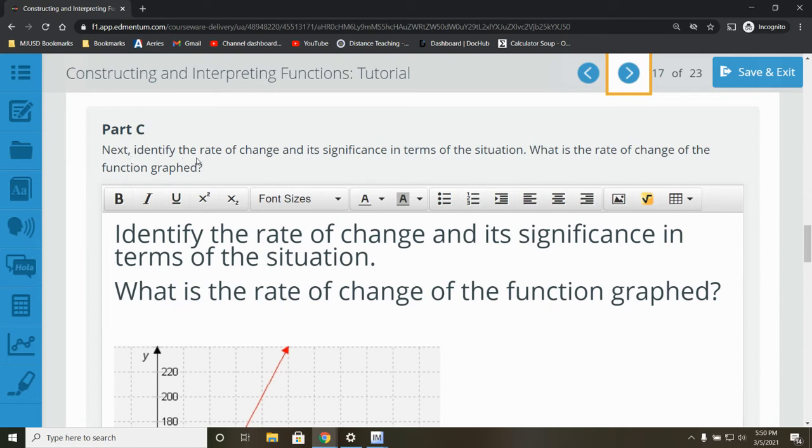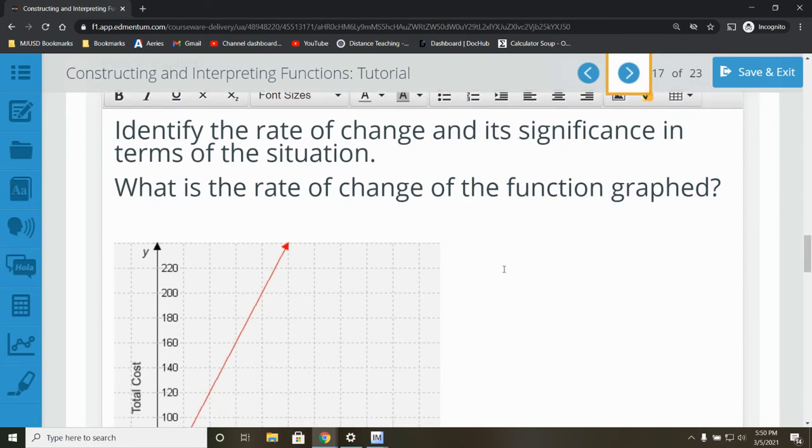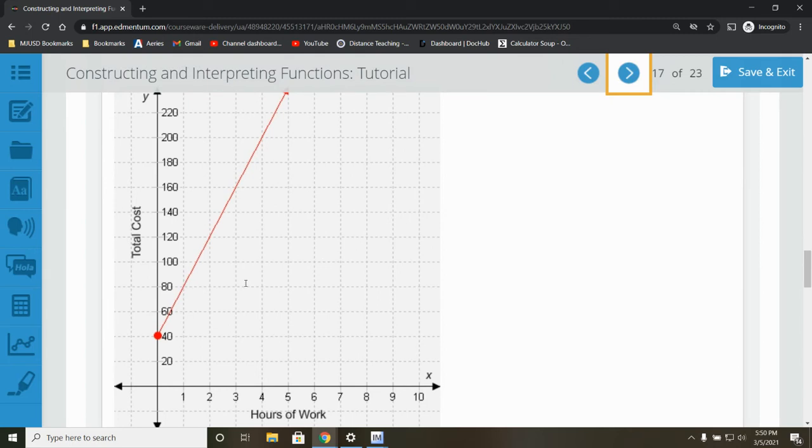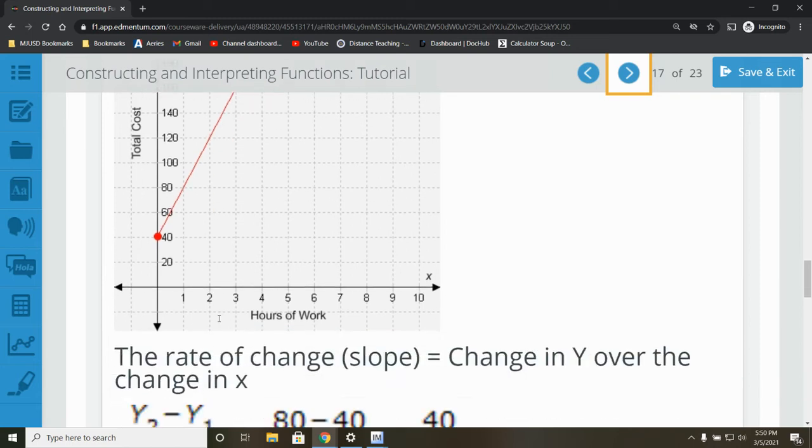Then next, identify the rate of change and its significance in terms of the situation. What is the rate of change of the function graphed? Well, rise is 40, run is 1, 40 over 1.